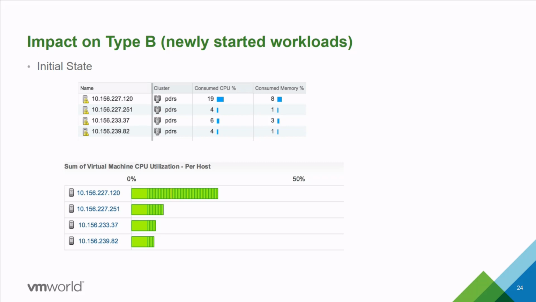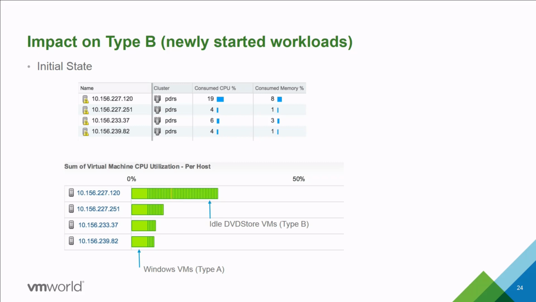The ones that are already running are the type A ones, which in this case are Windows. The ones that are idle, the smaller blocks, are the type B ones. In this case, they are DVD Store because we wanted to measure the performance impact on type B workloads.